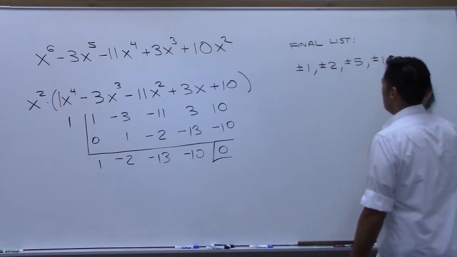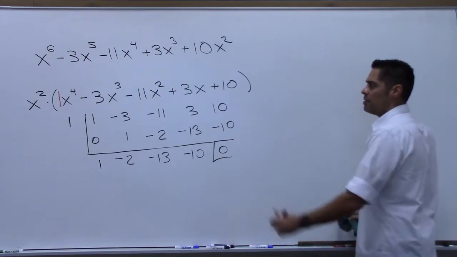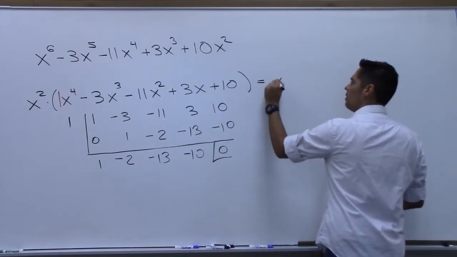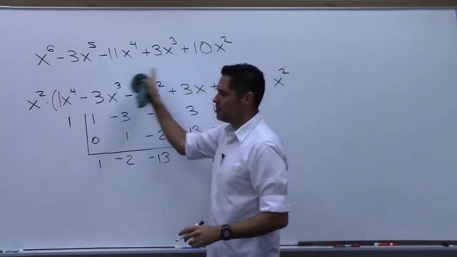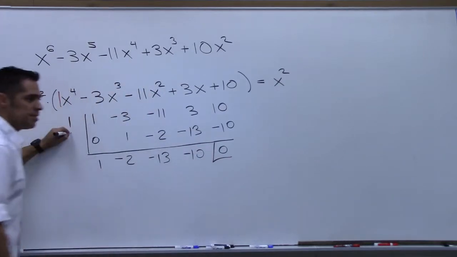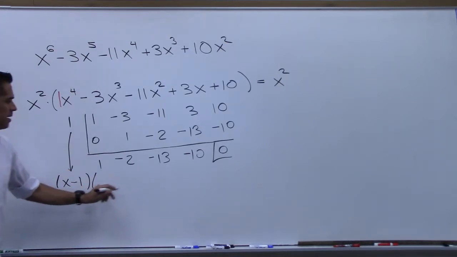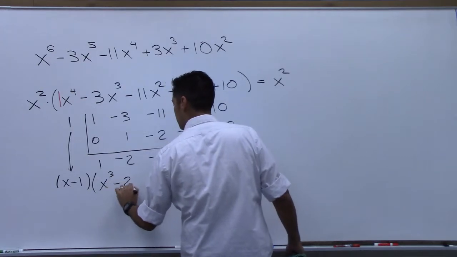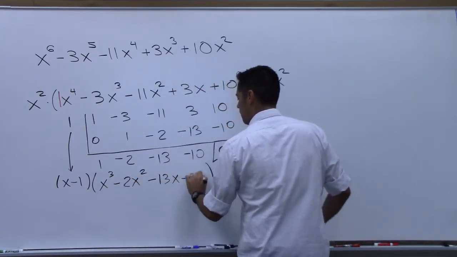So I'd like for you to tell me now what that says this is equal to. X minus 1. X squared out here, right? I'm rewriting this x squared, and then all of this in parentheses is x minus 1, and then this right here is x to the third, 2x squared minus, and then minus 10.